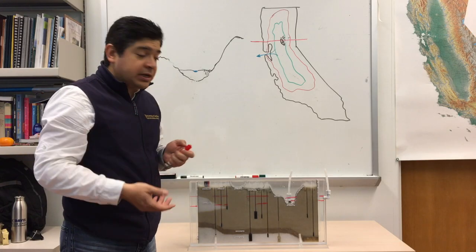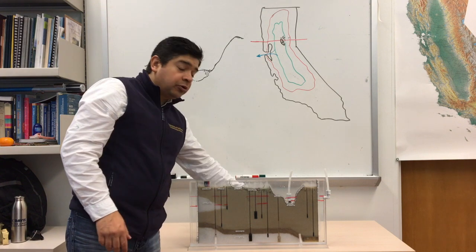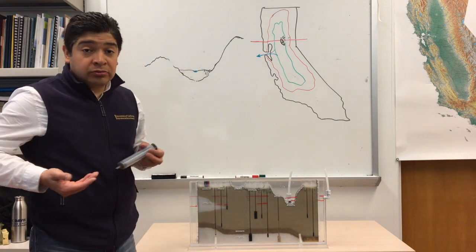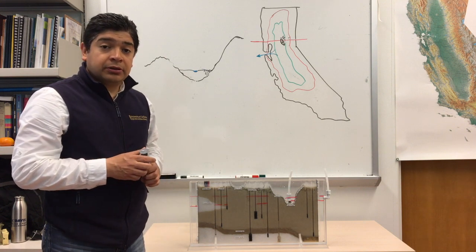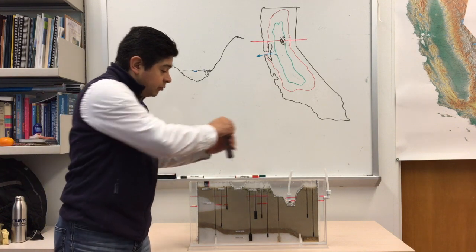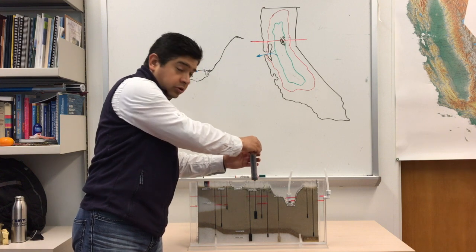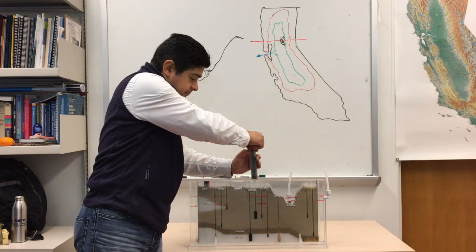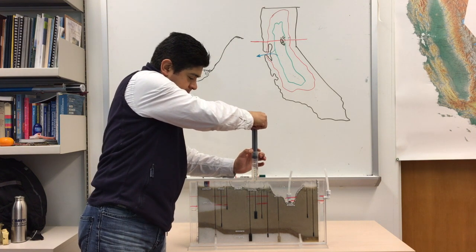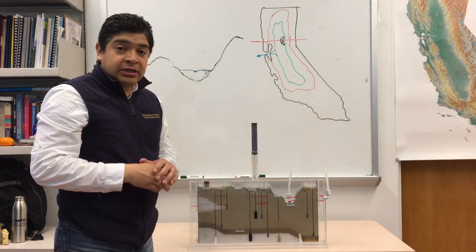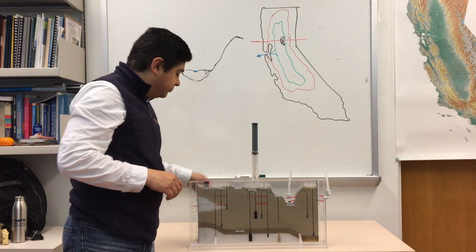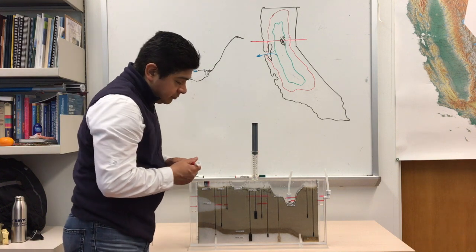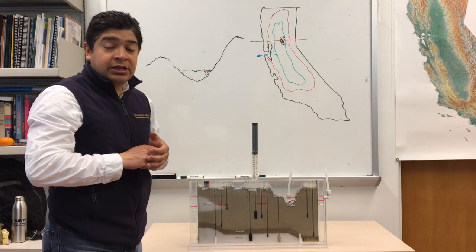Again, as the season passes and we need more water from the ground for any specific use, it can be agriculture, it can be municipal or domestic use, we will continue to extract water. Notice that as I was extracting water, I was also extracting some air. By now, the river is dry.